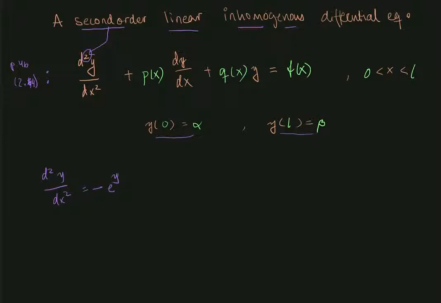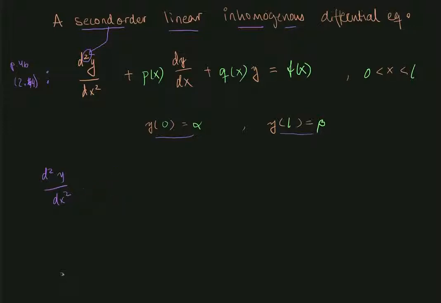Because then y is not contained in merely a linear combination. So when we say y and its derivatives are expressed in a linear form, it's when they're added together with some functions multiplied in the front. For example, here it's e to the y, which is not a linear function, and hence this differential equation, which is also called Bratu's equation if you've read the book, is not a linear differential equation.